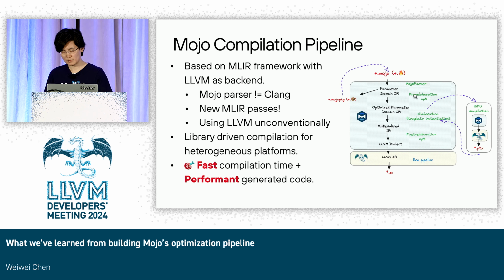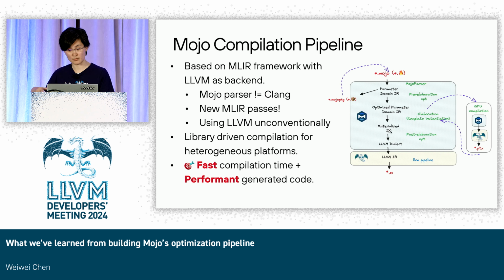We will do some optimizations in the generic domain. Then we will enter the elaboration phase. Elaboration is a Mojo-specific term. It's pretty similar to C++ template instantiation. So we will run a bunch of interpreters and try to materialize the IR. After the elaboration, we will get the materialized IR.